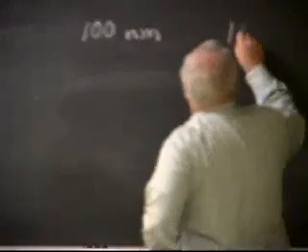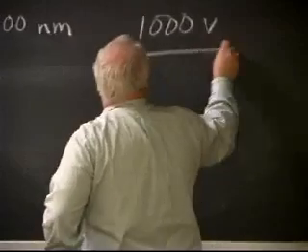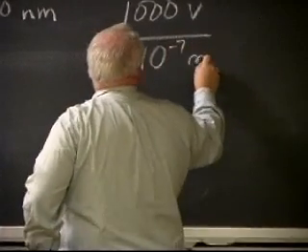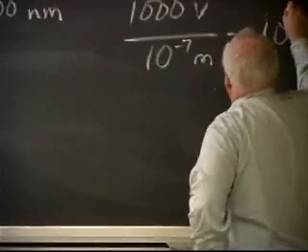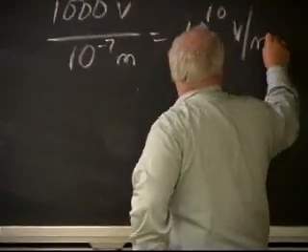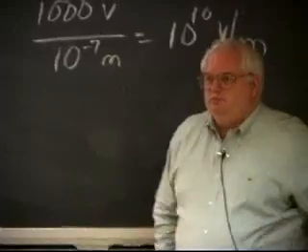So let's say I've got 1,000 volts, and I've got 100 nanometers, which is 10 to the minus 7 meters, I have 10 to the 10th volts per meter across that little layer. Okay. If I have any free electrons, then I'm basically just going to arc right through there with that kind of field.